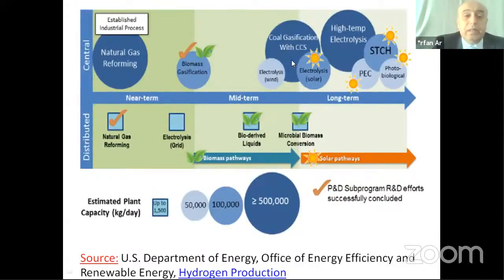Here, some of these technologies appear. The figures show their approximate quantities. Natural gas reforming is the most widely used technology. Around 50% of the hydrogen production is realized by using natural gas reforming or steam methane reforming technologies.